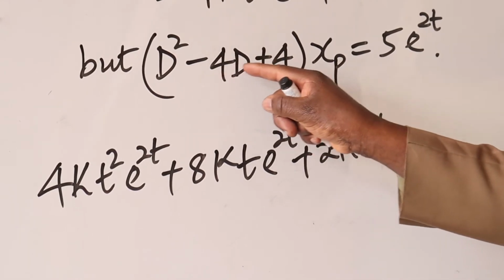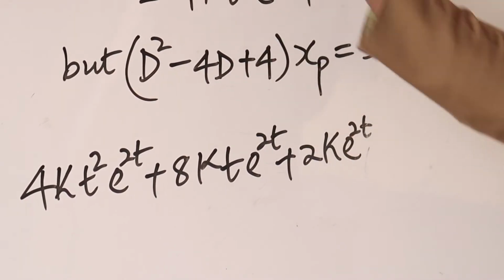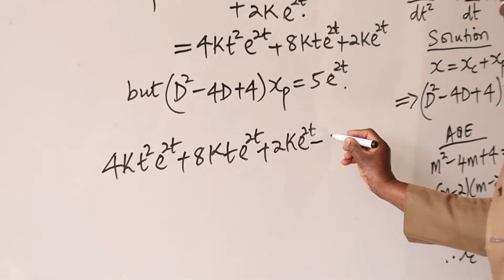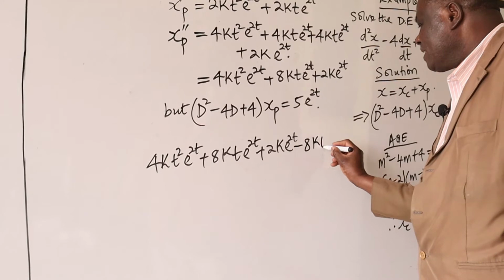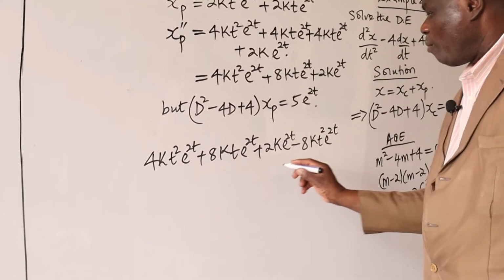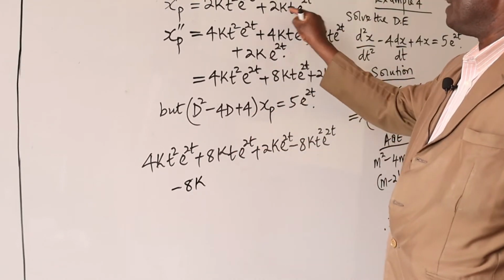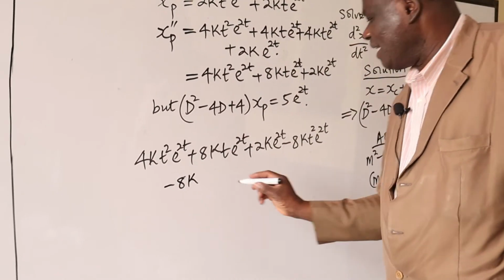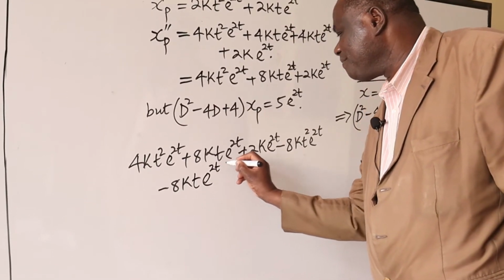So minus 4 times the first derivative of xp, so 4 times this. So we say minus 8k t squared exponential 2t, minus 8k t e power 2t, this multiplied by negative 4.